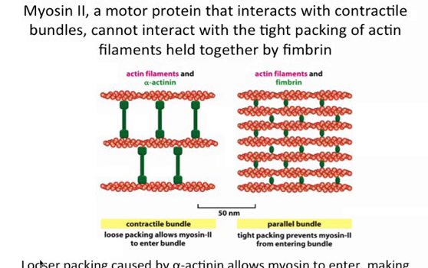That results in a wider contractile bundle because you have loose packing of actin that allows motor proteins such as myosin to get inside, because a motor protein is going to get inside and walk along actin, right? Does anyone believe me?